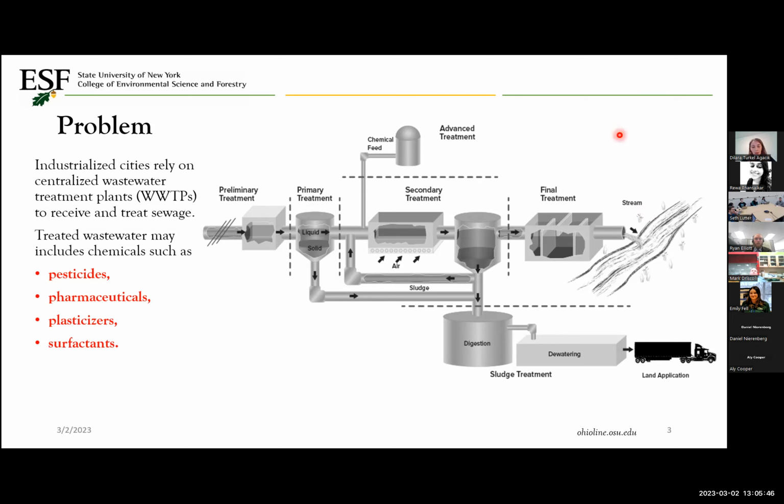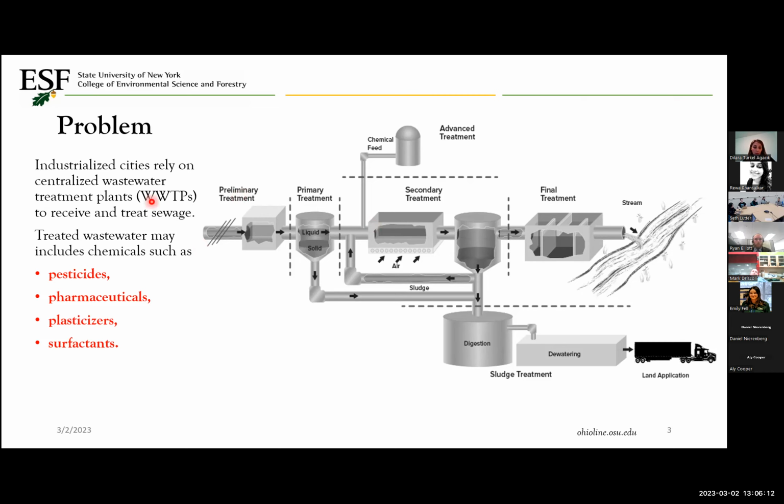Densely populated areas and industrial cities primarily rely on centralized wastewater treatment plants to receive and treat sewage. Here is an illustration of a wastewater treatment plant. So we know that wastewater treatment consists of physical, biological, and chemical treatment steps.